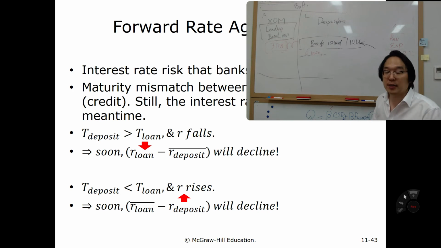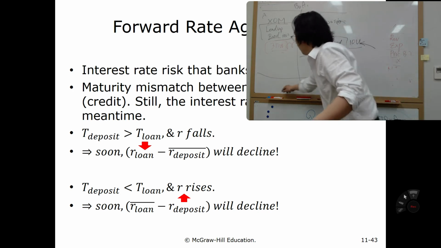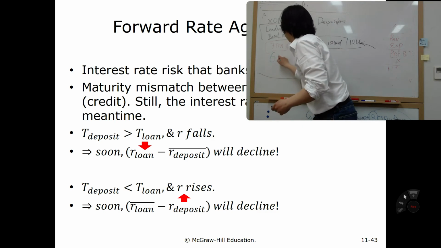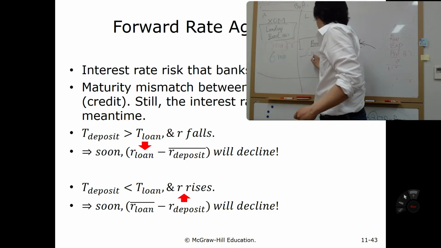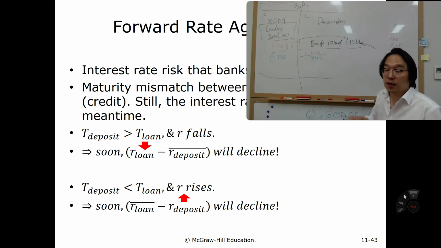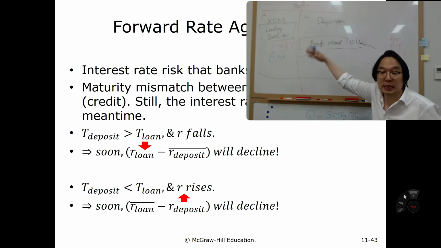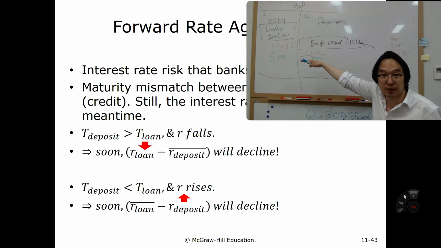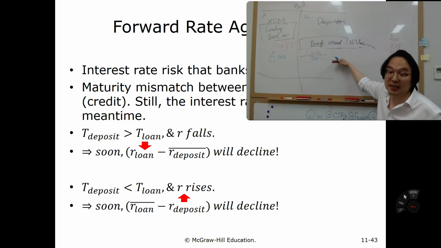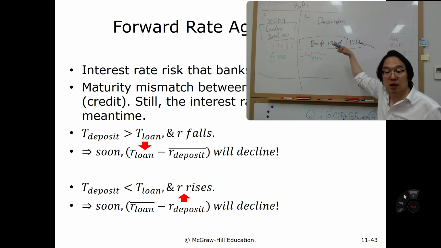The second bullet point is the case when this guy is 6 months and this guy is 3 months, the other way around, okay? And then this is rolling over. The thing is, your loan interest rate, let's say, stays the same because it's a fixed interest contract, but on your liability side, the bond that you issued or deposit rate rises.